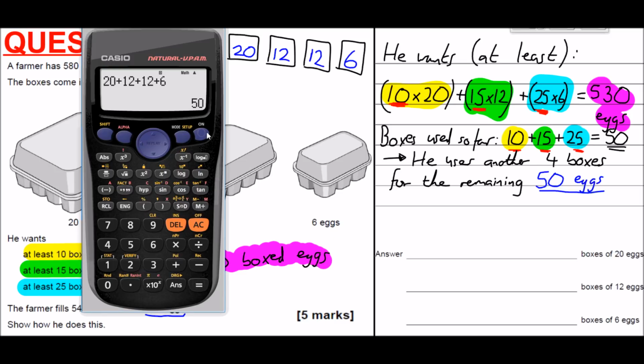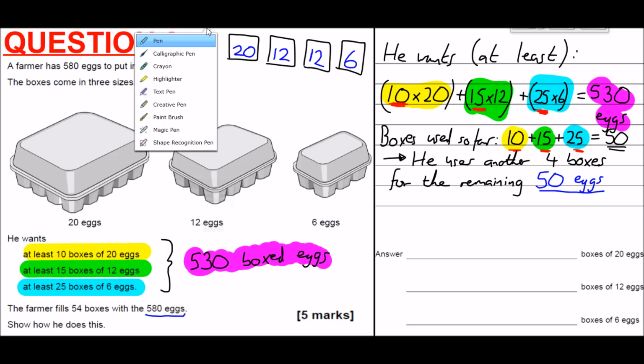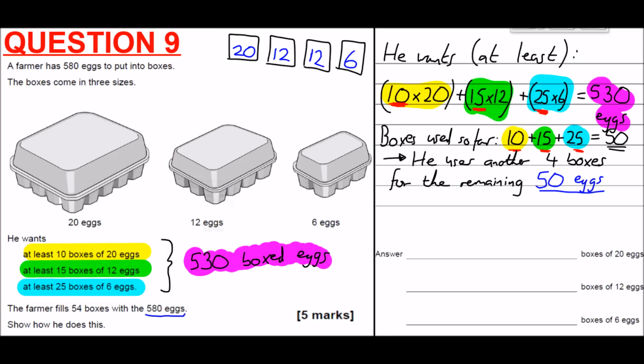And so those other 50 eggs could be 1 box of 20, another 2 boxes of 12, and a final 1 box of 6. So these are the extra 4 boxes.